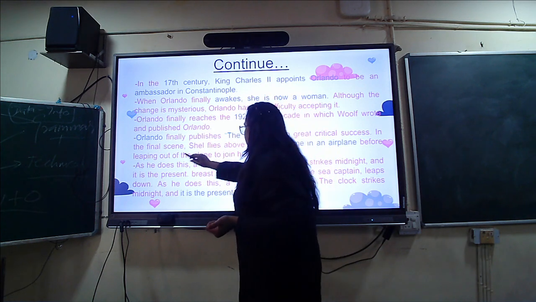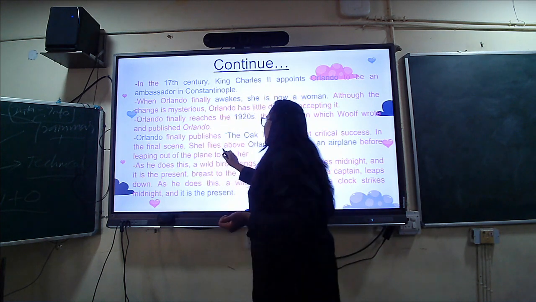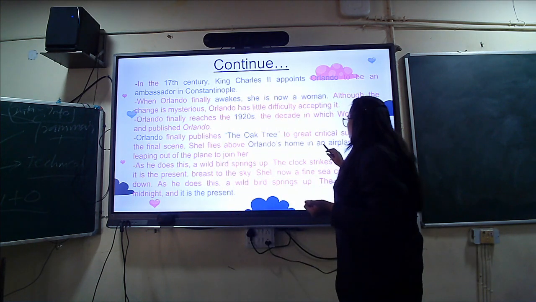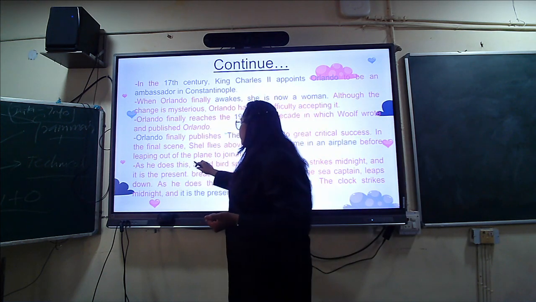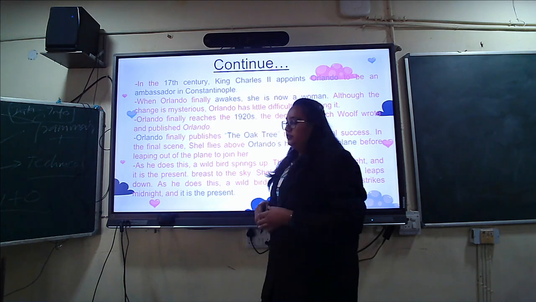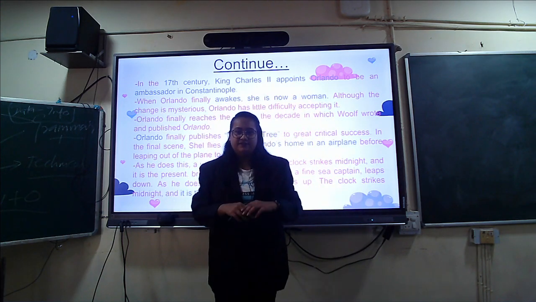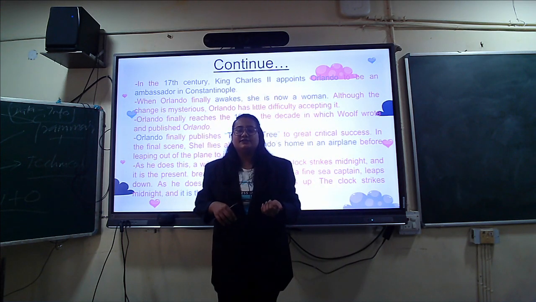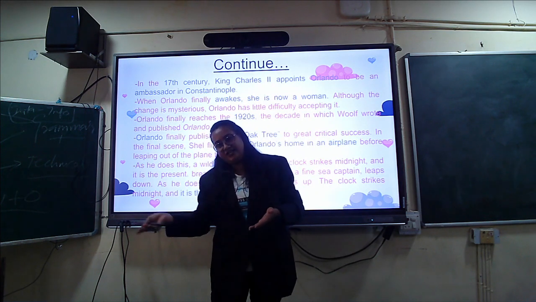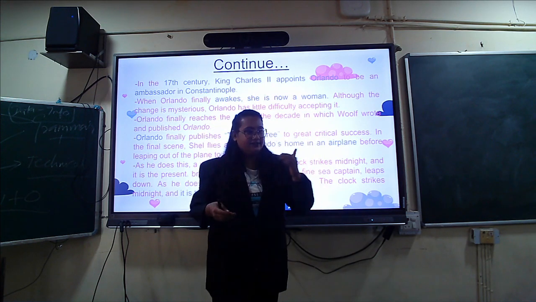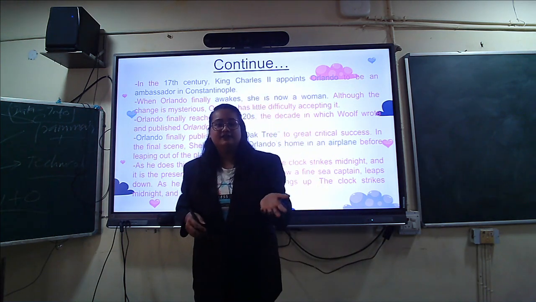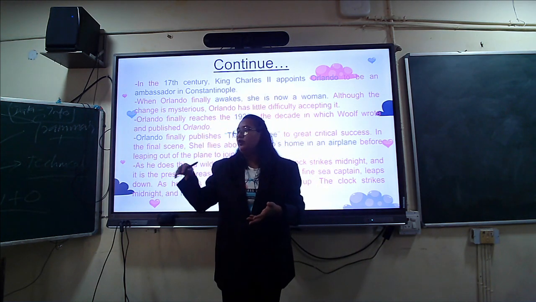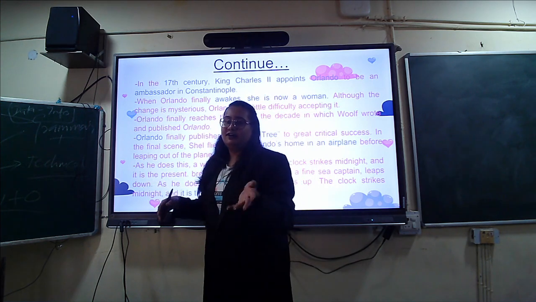In the final scene, Shell flies above Orlando's home in an aeroplane before leaping out of the plane to join her. This is the ending scene of the novel, when she realizes that he became she, and she flies away from Constantinople and goes to Orlando's house, or her own house.